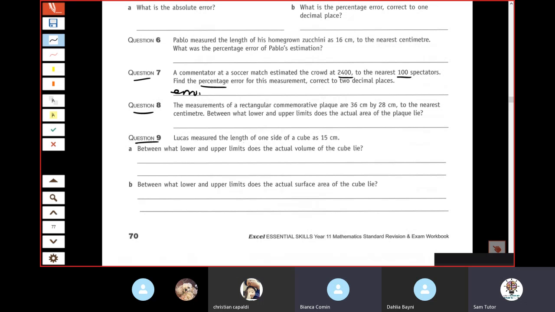Well, error equals 50. So therefore, percentage error equals 50 on 2,400 times 100, which is 2.08. It says 2 decimal places, so 2.08%.